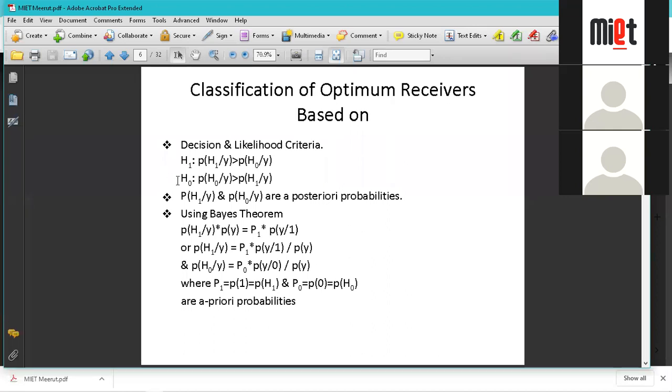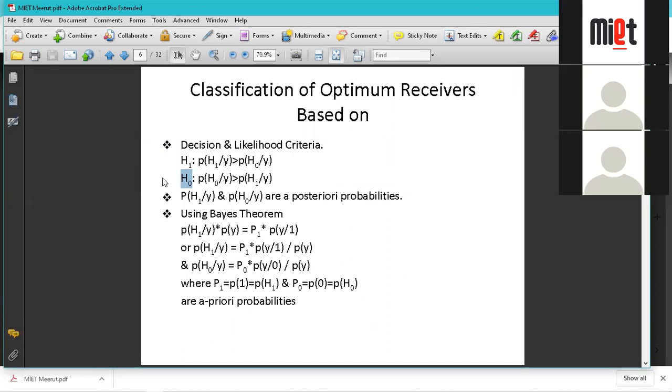Because you are never aware of what Y contains, whether Y has only N(t) or S(t) plus N(t), it is not known to you. Therefore, we can only say that if the probability of hypothesis 0 when something has been received is greater than the probability of hypothesis 1 when the same signal has been received, then it will be the H naught hypothesis.